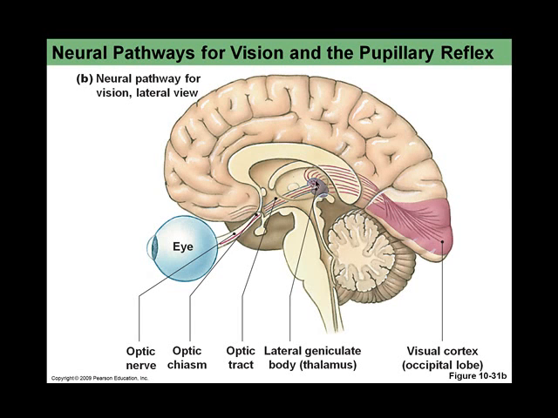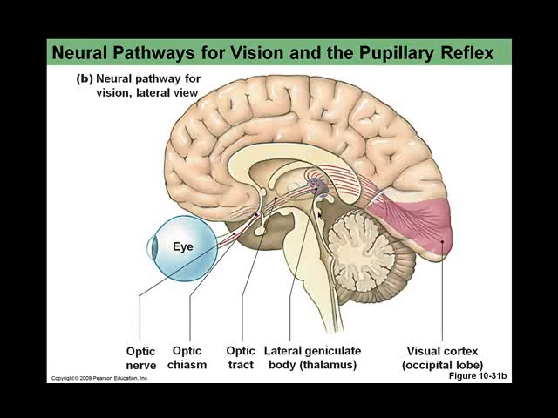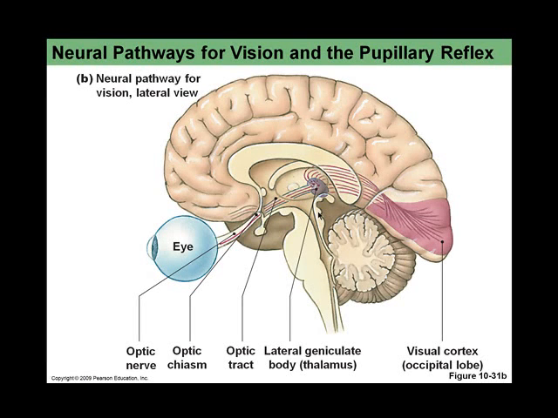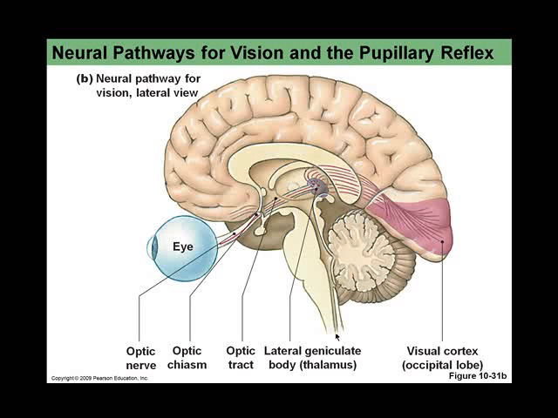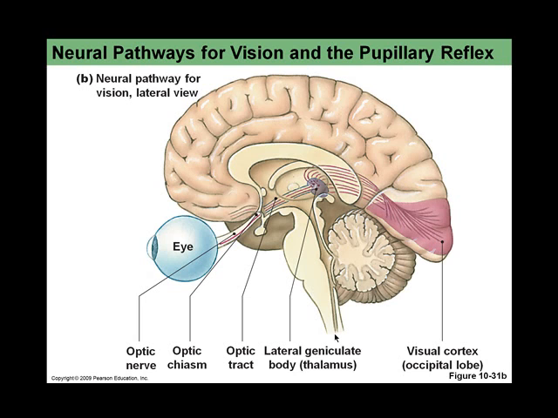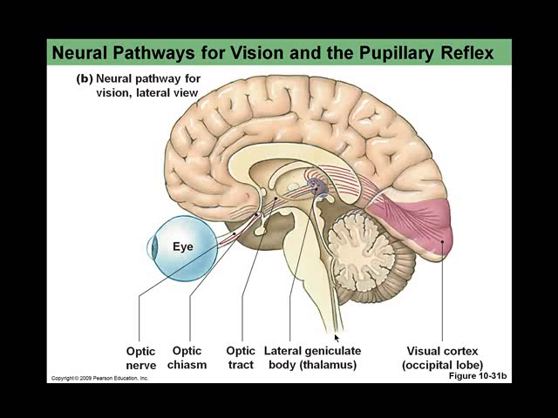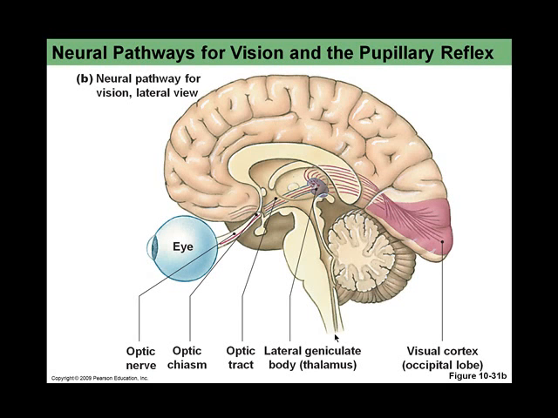There are other projections also to the superior colliculus to help coordinate eye movement. And from the superior colliculus there will be pathways ultimately that will get to the cervical spinal cord to control the head, neck, and shoulder muscles, some of the upper trunk muscles, sorry, to orient the head with the movement of the eyes.